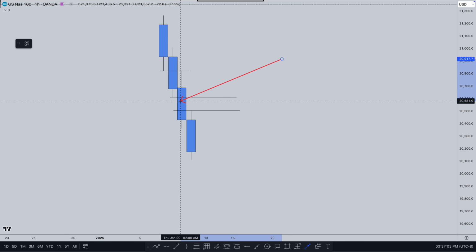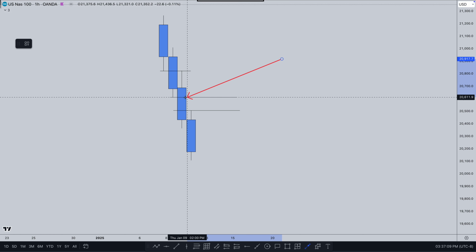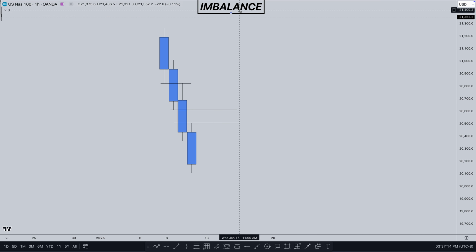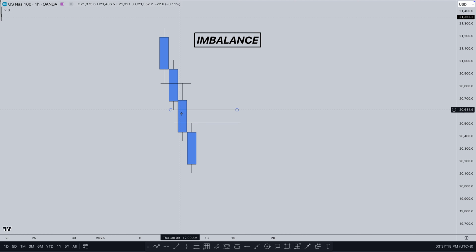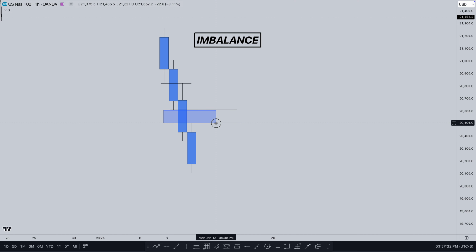As we get lower, the wicks don't seem to connect. So now we have a gap. We have imbalance in the market. That's because price was moving so fast to the downside, so much liquidity, so much volume to the downside that no buyers had a chance to get in here. It was selling off so bad that no buyers had a chance to enter the market right in there.